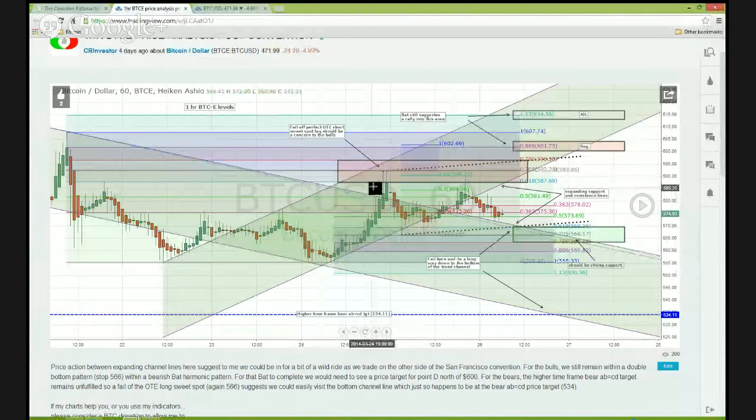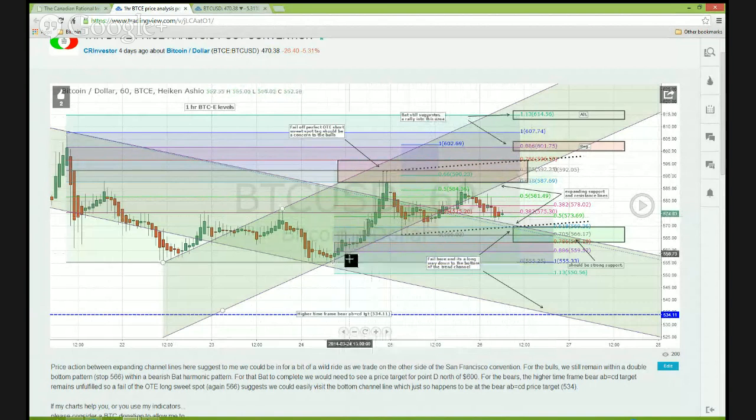Just to finish this thought, there was a long setup here. The long setup, unfortunately, played itself out, and it was a trap. One could argue that when we lost this channel here, there was going to be trouble.